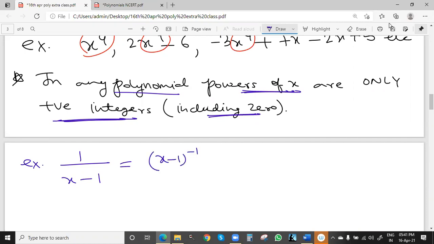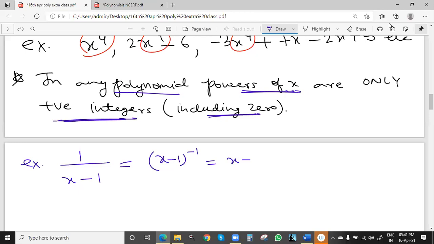Because x minus 1 is on the denominator side, we write it as x minus 1 to the power minus 1. And if you expand this term, the power of x is minus 1.